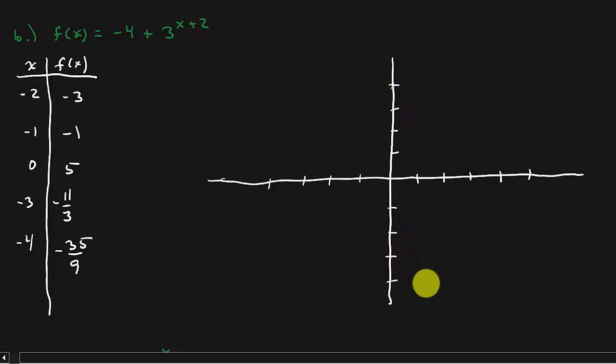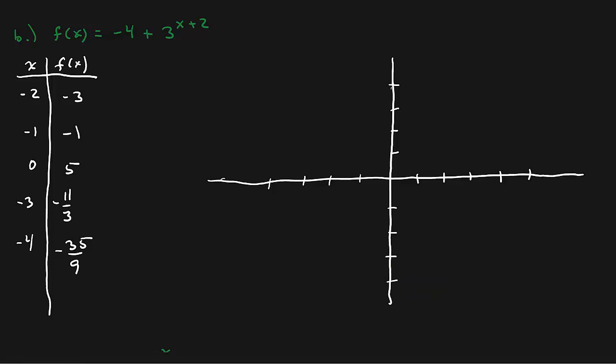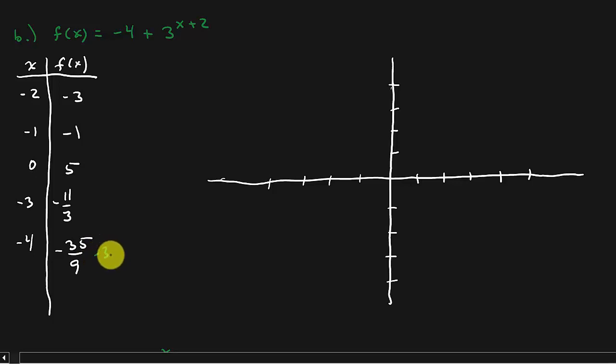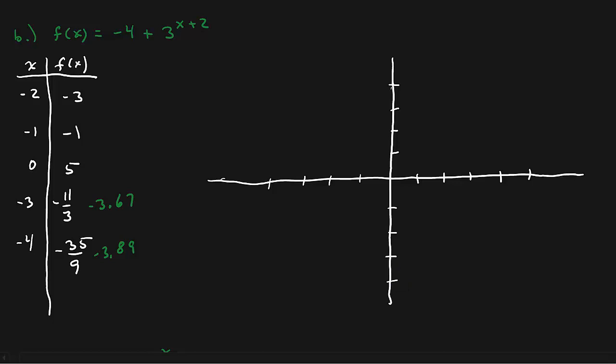Now, it might help to put these in decimal so you can see. This is -3.89. 11 divided by 3 is -3.67. Okay, that gives us an idea where to put these. So let's plot the point -2, -3, and then I've got 1, 2, 3.